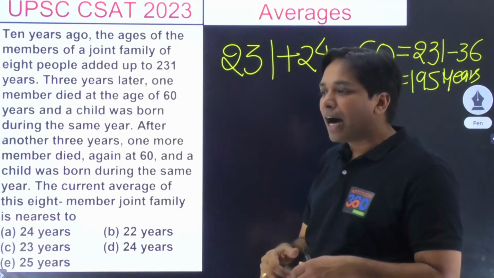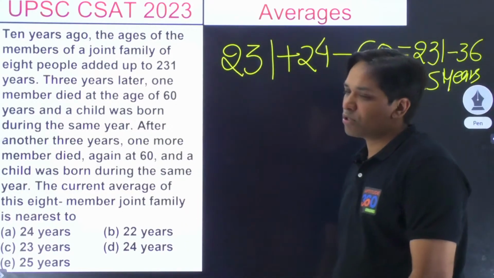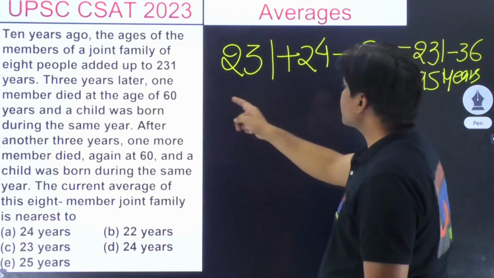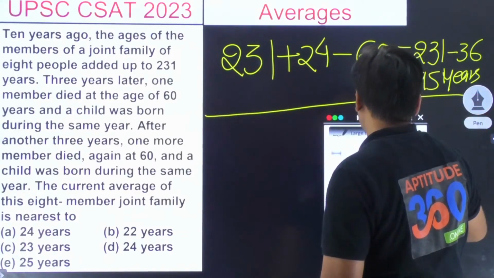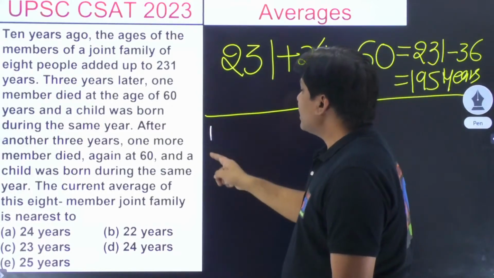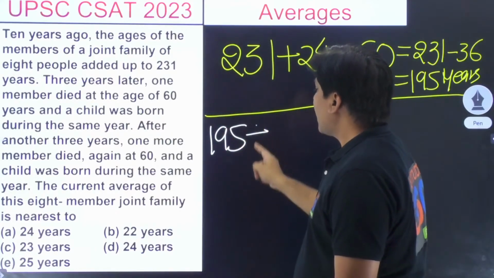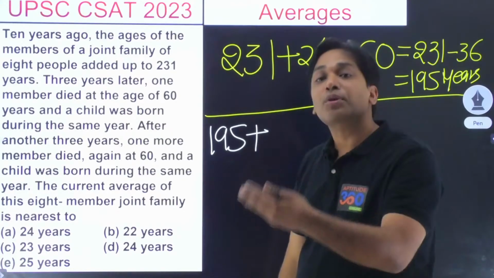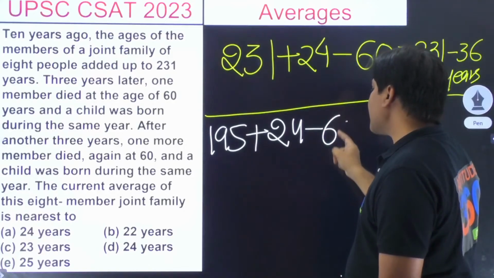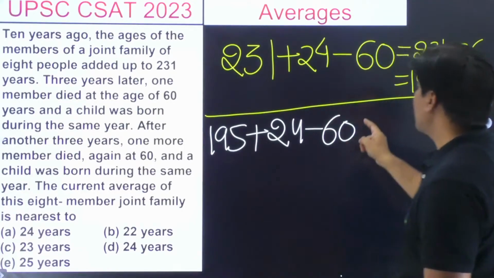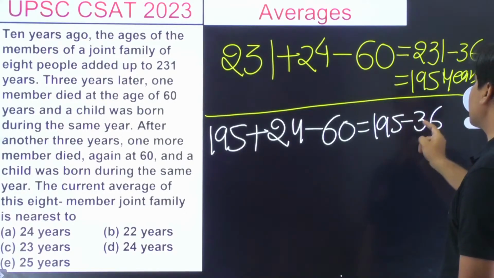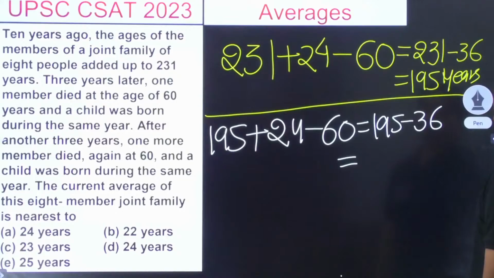Muskan, you're very close, but that is not the right answer. The problem also tells you that after a further 3 years, so 24 more, one more person dies, isn't it? So this is nothing but 195 minus 36, which is nothing but what?